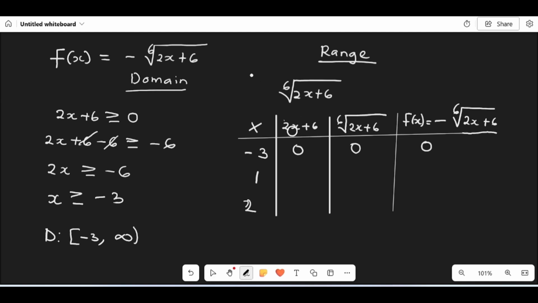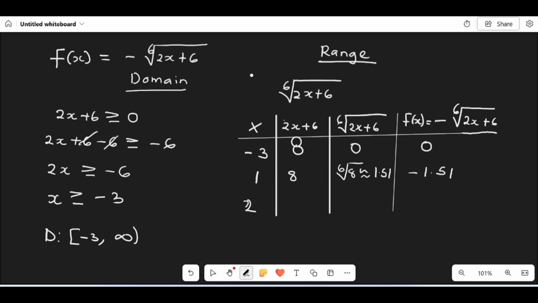If we substitute x equal to 1, we get 2 multiplied by 1 plus 6, which gives us 8. The sixth root of 8 is approximately 1.51, and because of this negative sign, the function gives us minus 1.51.